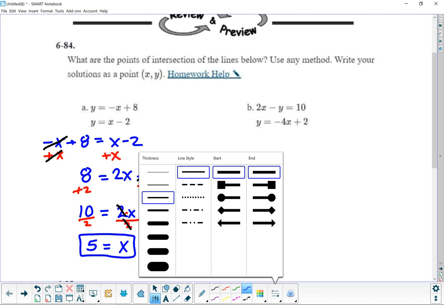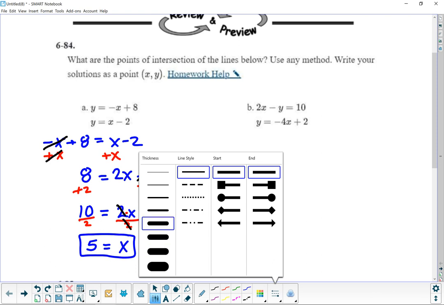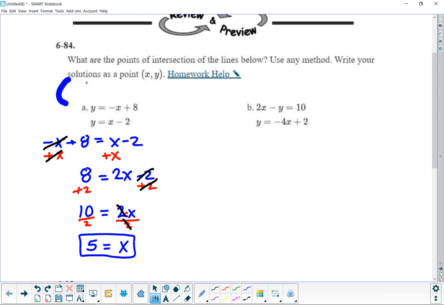Remember, your answer should look like they said right here, (x, y). So the first part of our answer is 5. We still need the second part, which is the y. So we need to go back and find y, and we can use either equation. I'm going to use the bottom equation.